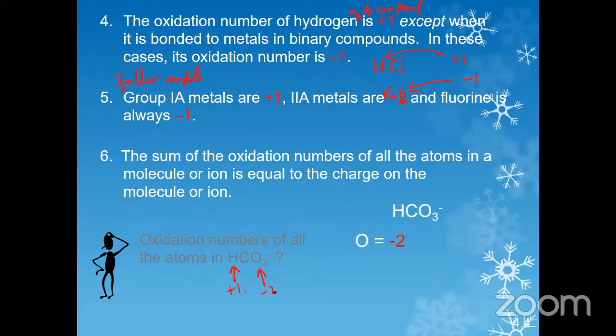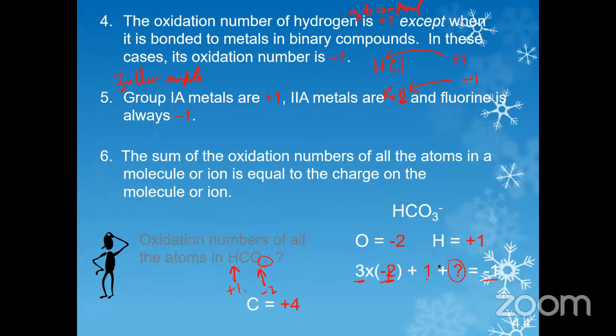So all we have to do is some simple algebra, where we plug in the values of -2 and +1 into the equation shown here. You'll notice that we have to multiply the oxidation number of oxygen by 3 because you have 3 oxygen atoms here, plus the oxidation number of hydrogen, plus the unknown, which is carbon. We know that the sum of all that is equal to -1, and all we have to do is solve for the unknown, right?